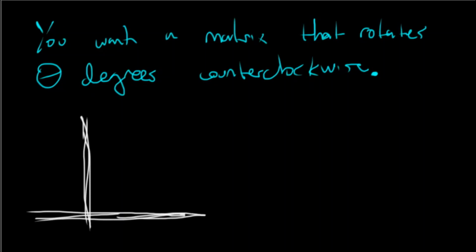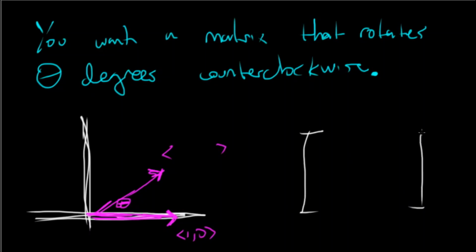I have a vector 1, 0. It's being rotated theta degrees. This is currently the vector 1, 0. Once we figure out where 1, 0 is going, that is going to be the first column of our matrix M that does the transformation that we're looking for.